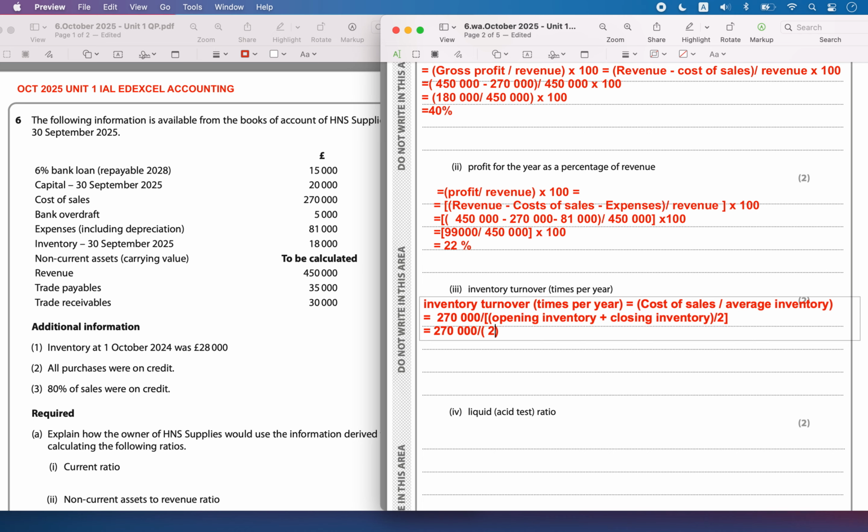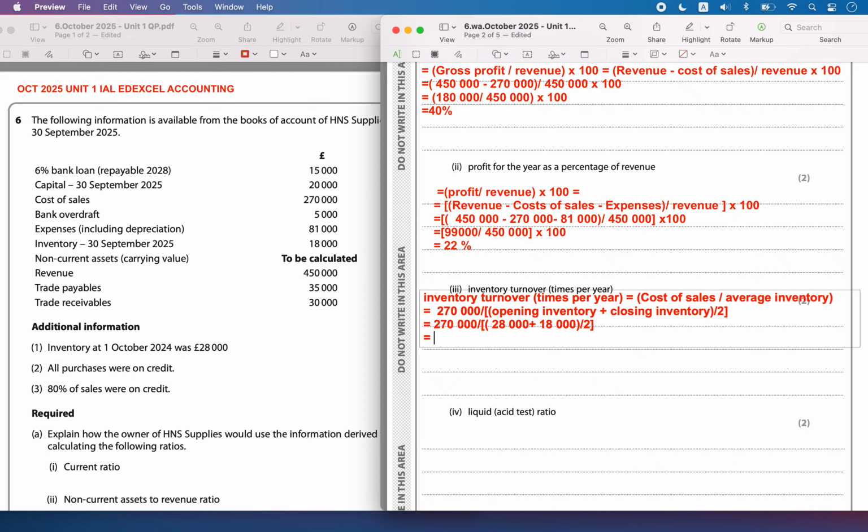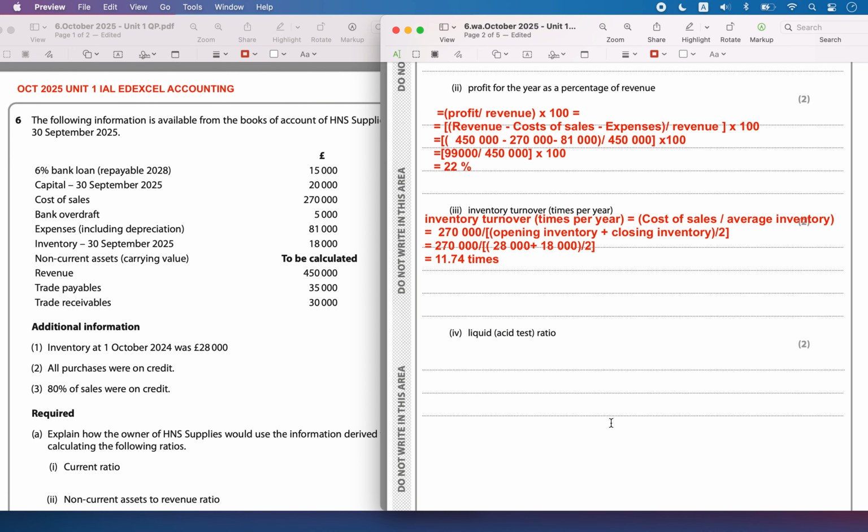The opening inventory is 28,000 plus the closing inventory given here, 18,000, divided by 2. That is equal to 11.74 times.